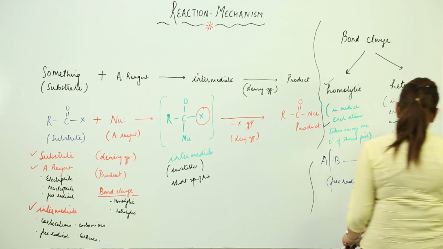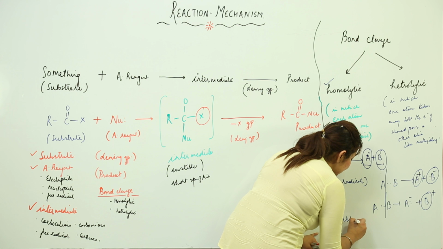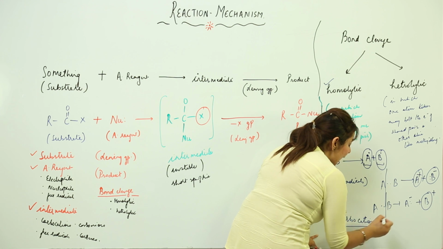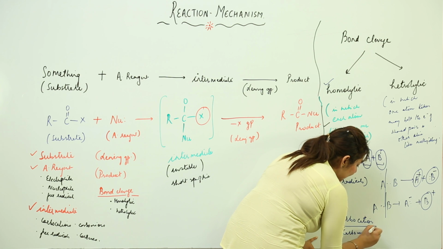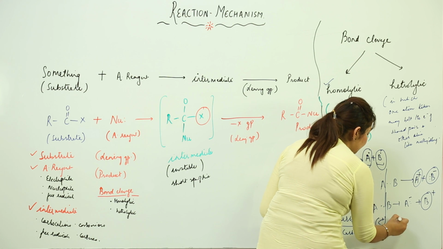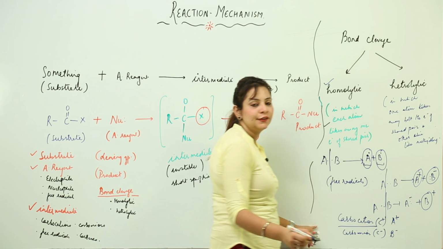And you know that the atom with a positive charge is called a carbocation, and the one with a negative charge is called a carbanion. So this is carbon with a positive charge and this is carbon with a negative charge, or you can say a group with positive charge and a group with negative charge.